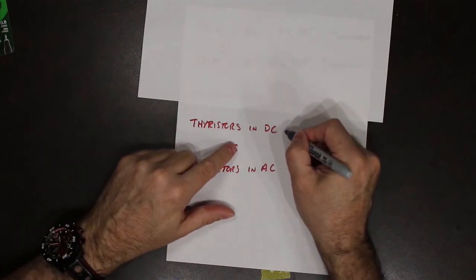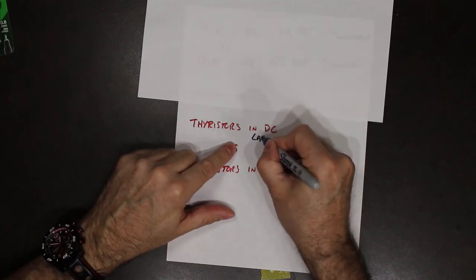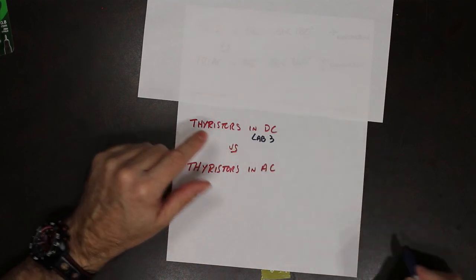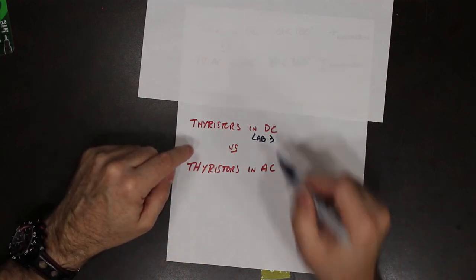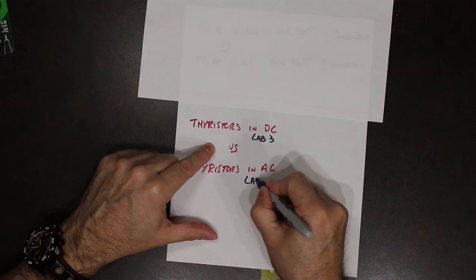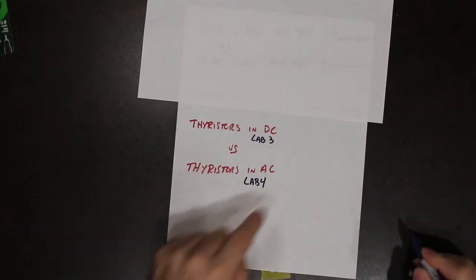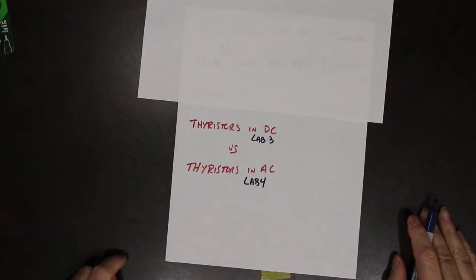So lab number 3 was the same thyristors in DC. Lab number 4 in AC. What's the difference?